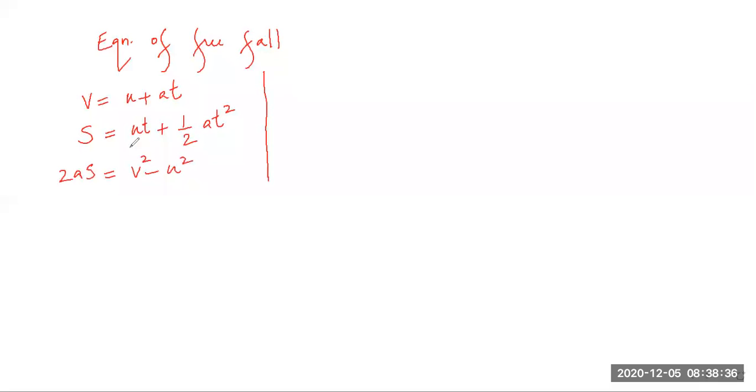Students, these are the three equations of motion, beautiful equations of motion. They really help us to calculate final velocity, v, sometimes to calculate distance, sometimes to calculate time. But one thing is important. You remember when we derived these equations, we had one assumption. Anyone remember? In all these three equations, what is constant?